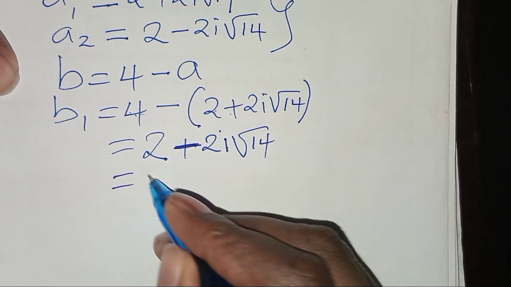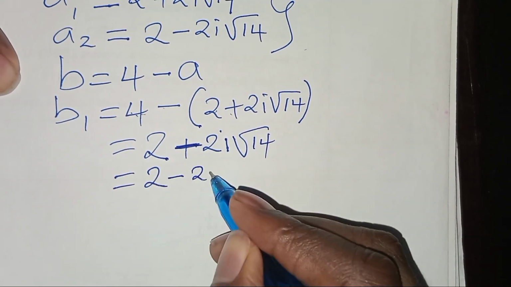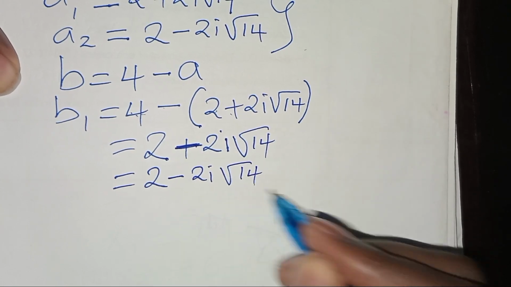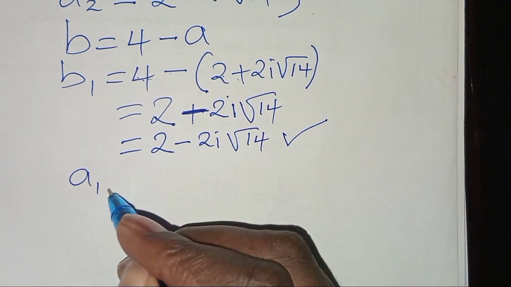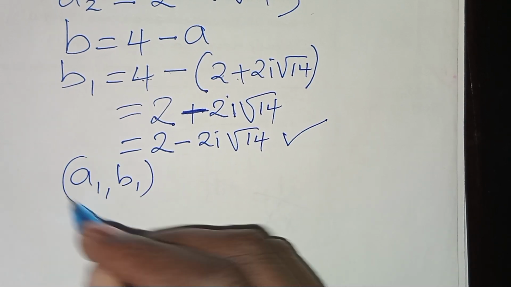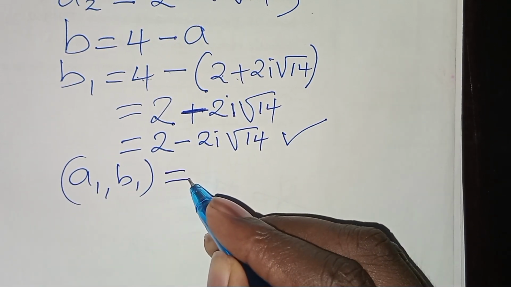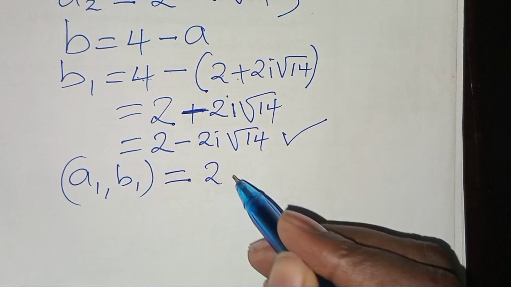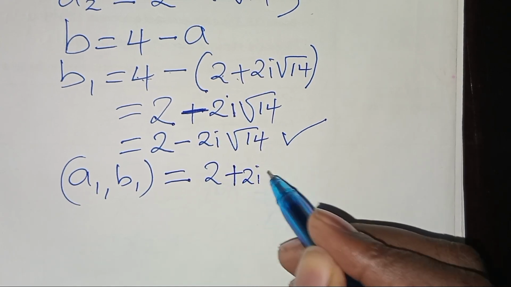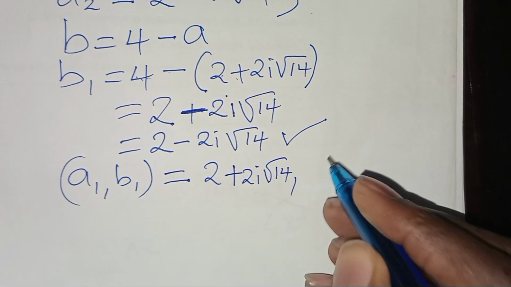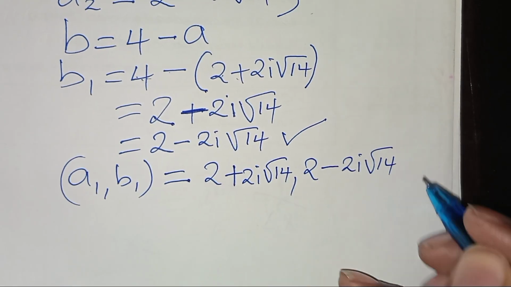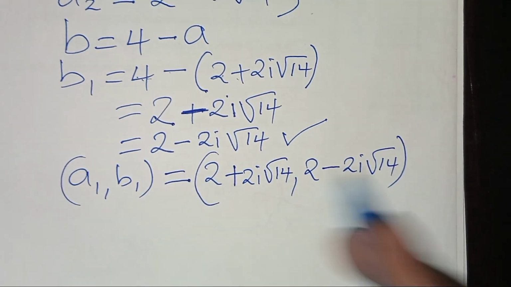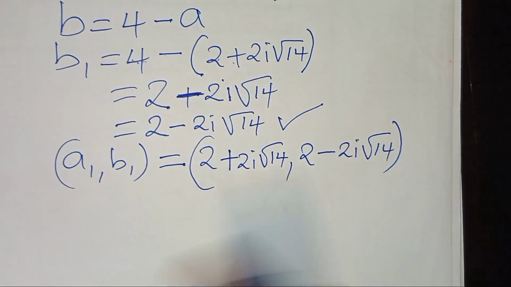So B1 is 2 subtract 2i square root of 14. That means A1, comma B1, is equal to 2 plus 2i square root of 14, comma 2 subtract 2i square root of 14. This is the first set of solution.